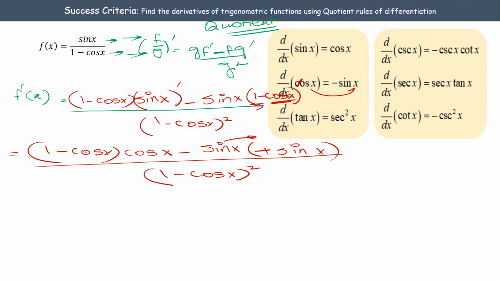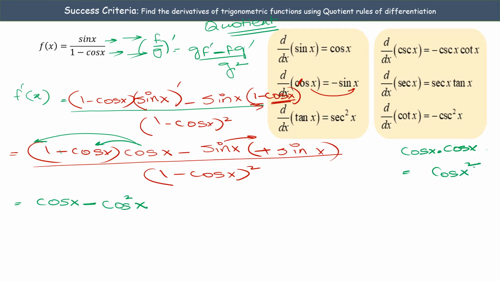Open the bracket. Cos x times 1 means that anything multiplied by 1 gives you the same thing, so write cosine x. Minus cosine x times cosine x, which will give you cos square x. Some students, when they multiply cos x with cos x or sin x with sin x, write cos x square.